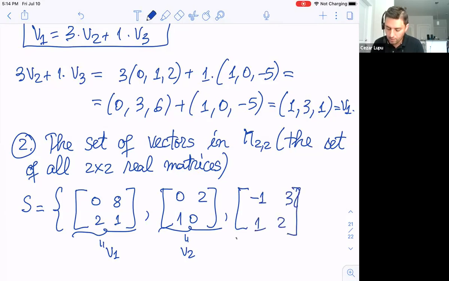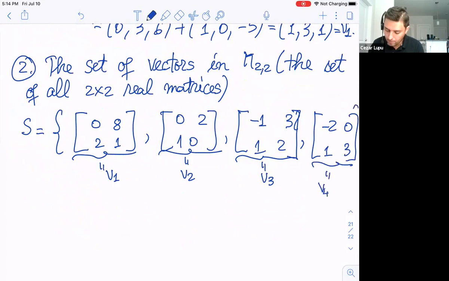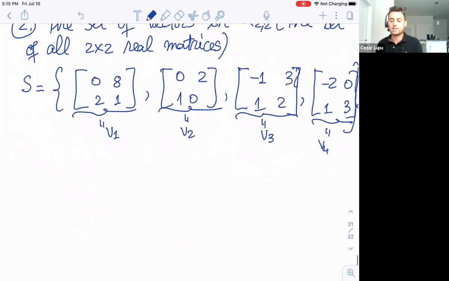This is V3. And the last one is the matrix (negative 2, 0; 1, 3), and this is V4. So this is my set S.